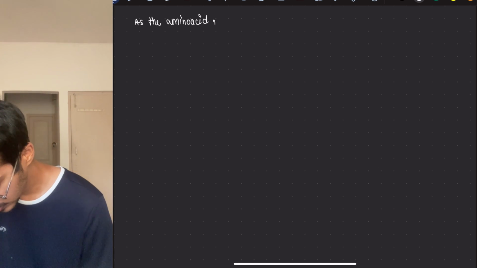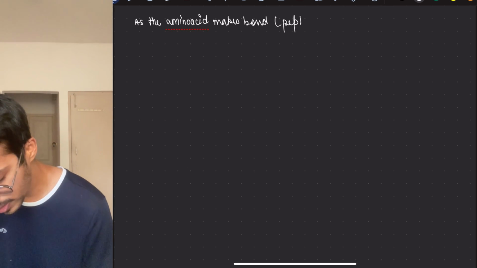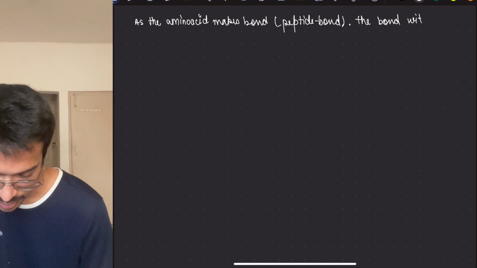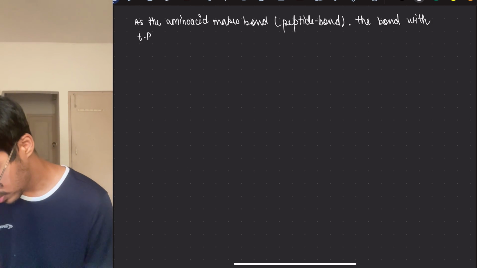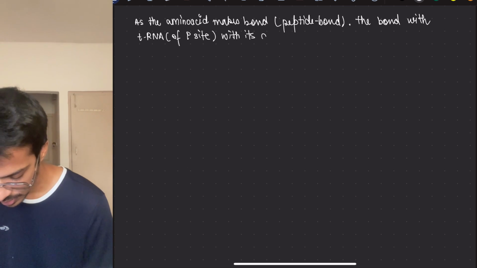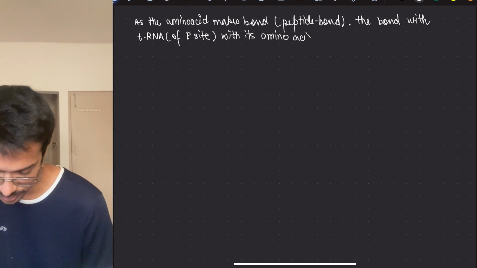Let's just try to sum it up fast. As the amino acids make a bond, which kind of bond? Peptide bond. The name of this bond is the peptide bond. The bond of the tRNA at the P site with its amino acid broke down.